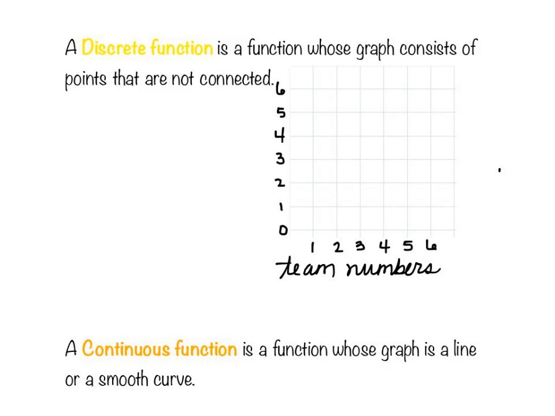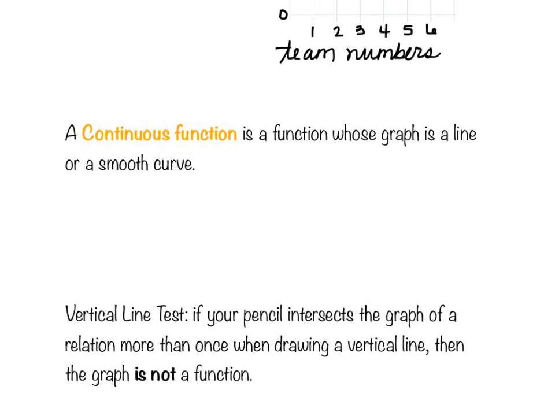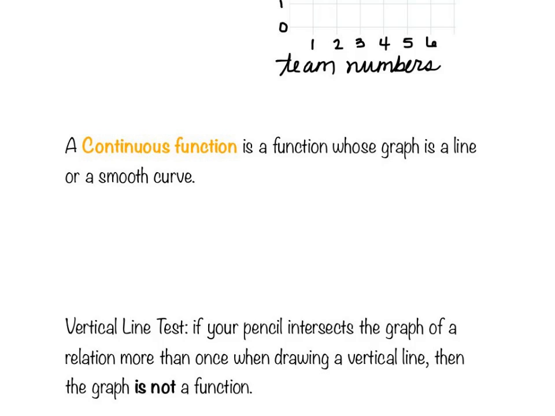So, for example, you might have a function that looks like this. With just points, but they don't have any connection. They're just dots on a graph. On the other hand, you might have a continuous function.